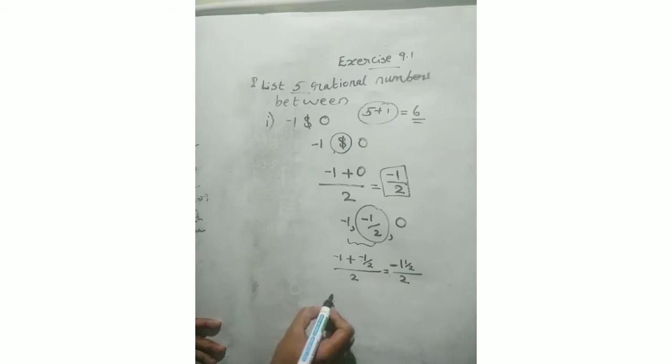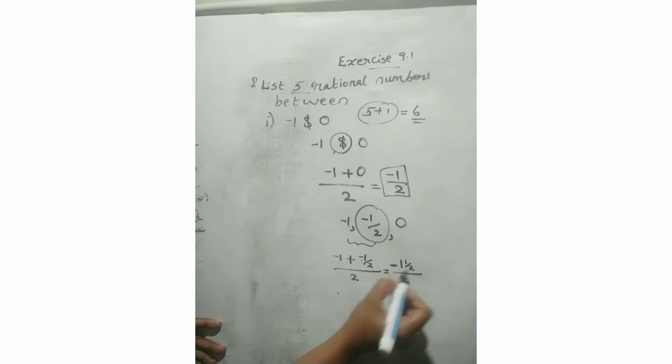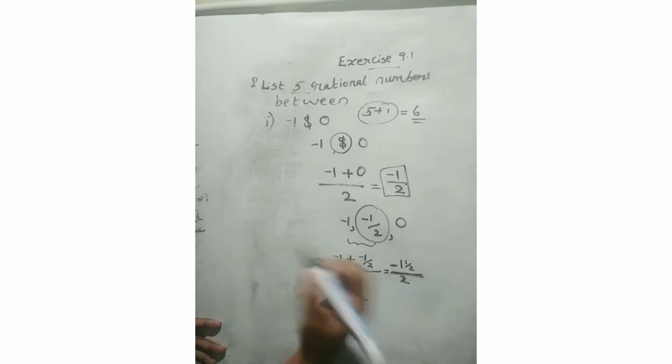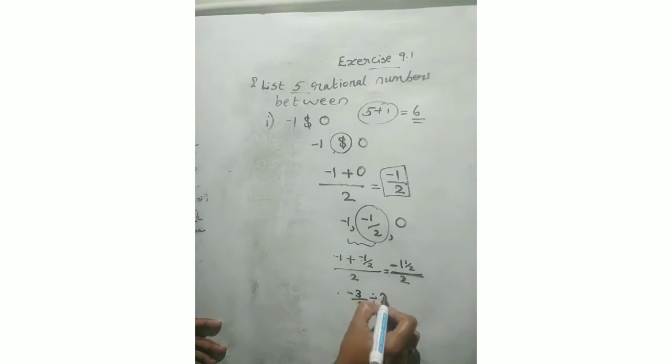Here we can change this into an improper fraction. That is 1 times 2, 2, 2 plus 1, negative 3 on 2. This 2 is actually divided by 2, no? Then how can we divide? We can take the reciprocal of the second fraction and multiply. So we can write negative 3 on 4.